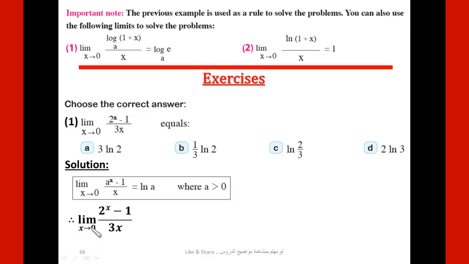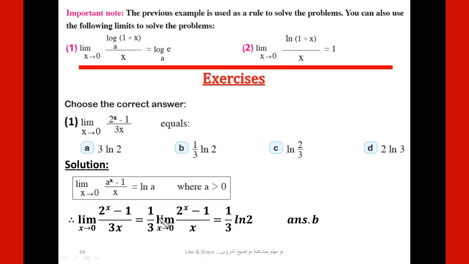How do we use this rule to find its value? We have limit 2 power x minus 1 over 3x equals 1 over 3 limit 2 power x minus 1 over x. So we can take 3 out of the limit to be 1 over 3. Limit 2 power x minus 1 over x. This is the form of the rule, considering a equals 2.